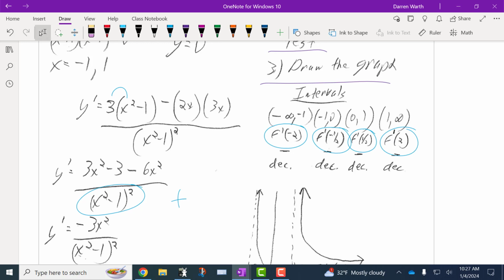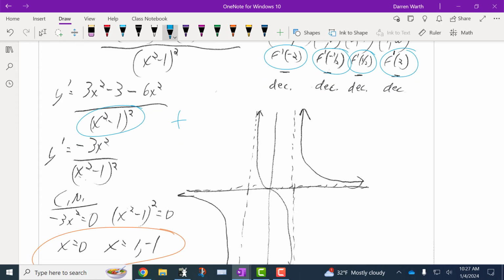So notice the denominator is always going to be positive, so I'm just looking at the numerator. I take that negative 2 and square it, that's positive, but a positive times negative is a negative. So that's a negative divided by a positive, which comes out negative, so that interval is decreasing. When I take negative 1/2, negative 1/2 squared is positive, the positive times negative is a negative, and negative divided by positive is negative, so that's decreasing.